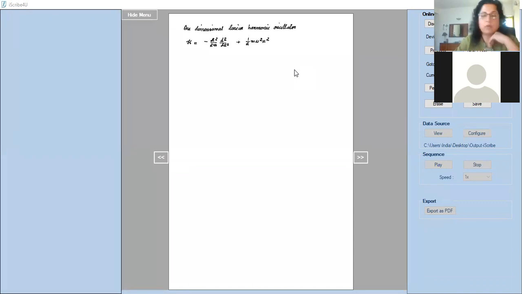If you remember, your potential energy is usually written as half kx square, but then usually you will write omega as root of k by m.